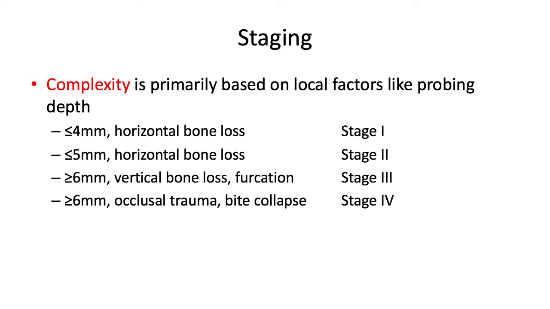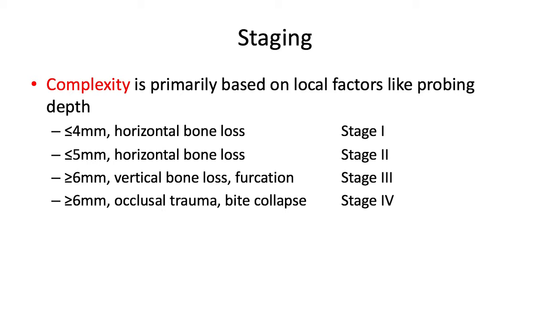Complexity is primarily based on local factors like probing depth, the nature of the bone loss, if it's horizontal or vertical, if there's furcation involvement, if there's occlusal trauma, and bite collapse, just to name a few. And one or more of these complexity factors can shift the stage to a higher level.